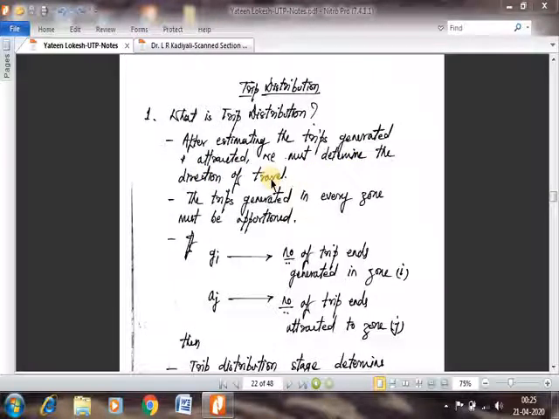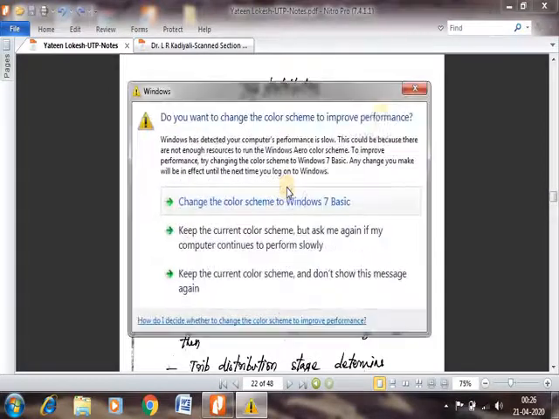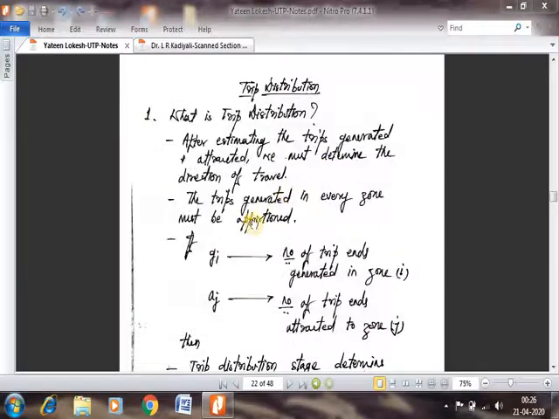Basically, to understand the directions in which travel is happening in any given region among two or more zones, you need to estimate the trips generated and attracted and determine their directions. So the trips generated in every zone must be apportioned with respect to some basic notations that we are supposed to take.